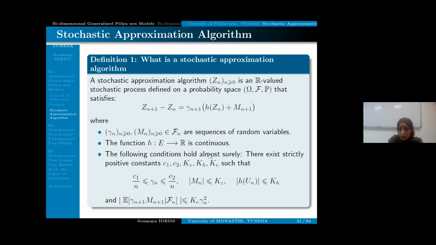And the following conditions hold almost surely. There exist strictly positive constants C1, C2, Kz, Kh, Ke, such that these four bounds hold. So in order to prove that a process is a stochastic approximation algorithm, we need to prove these four bounds.